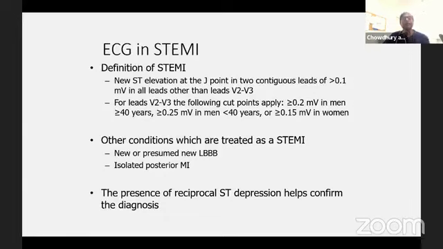So I don't need to give this really learned group the ECG definition of the STEMI. But I tell you one thing, that it is not emphasized enough that EKG is the tracing and the ST elevation is an observation.